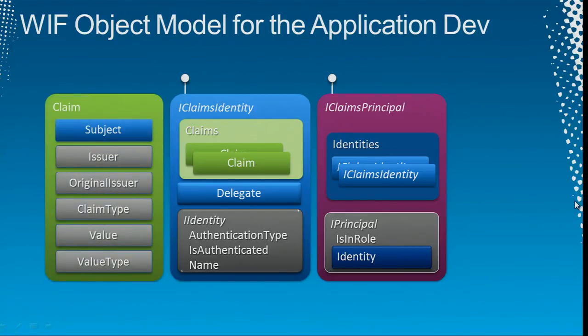And a claim is pretty uninteresting. It's simply something which says, I am referring to this identity, basically a pointer to the main identity, contains from where that specific claim is coming from, since you may have claims from different sources, contains from where it came originally, since you may have transformed it in many steps. It contains type, values, and similar.